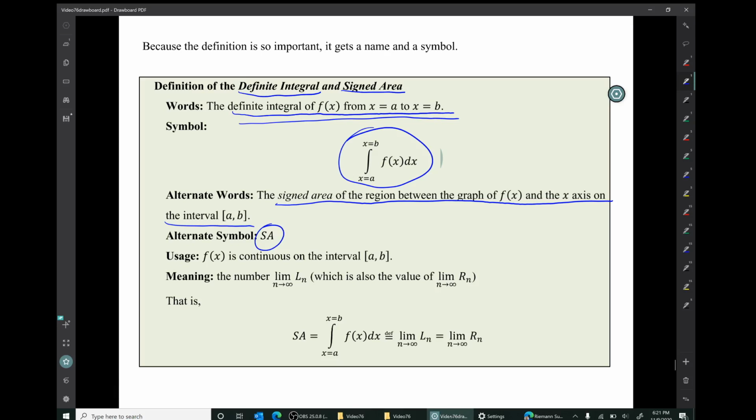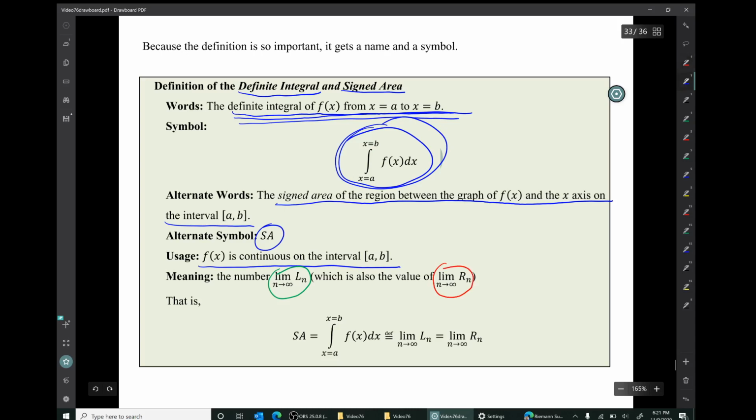Now remember, all this stuff we've been talking about is stuff that you can do when you have a function f that's continuous on some closed interval a comma b. So we've got these new words, the definite integral, this new symbol, and these alternate words and this alternate symbol, and what it means is the number that's the value of that limit, which is also the value of this limit.